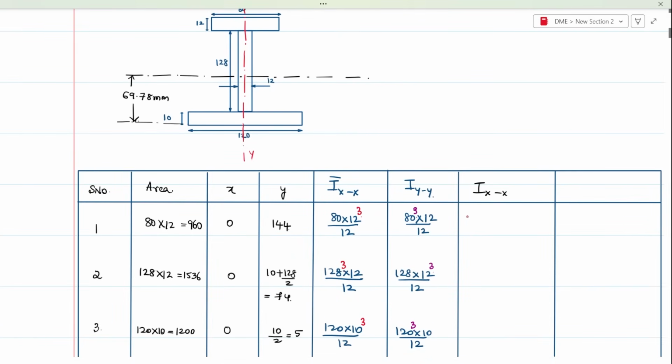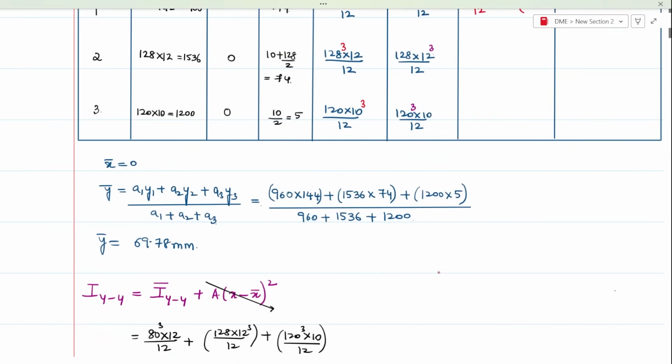So this will be expressed as 80 into 12 cube divided by 12 plus area, which will be 960 into, so let me write the formula first of all. Ixx is equal to Ixx bar, that is the moment of inertia about the centroidal axis, plus area into the perpendicular distance between the centroidal axis of the entire I-section and the centroid of the individual areas, that is y minus y bar, or y bar minus y if you write it.